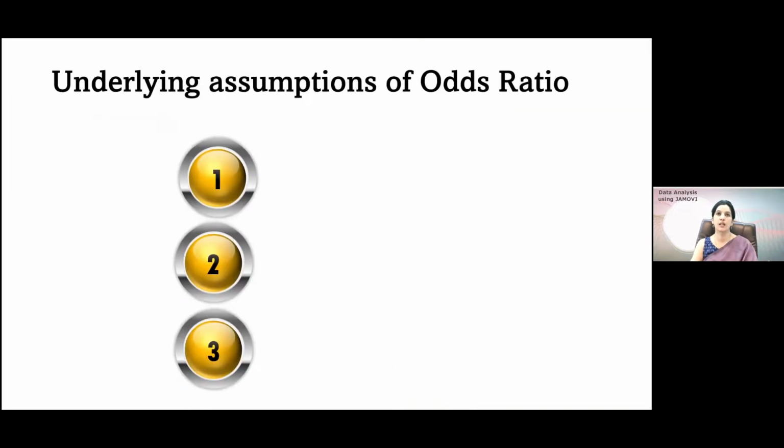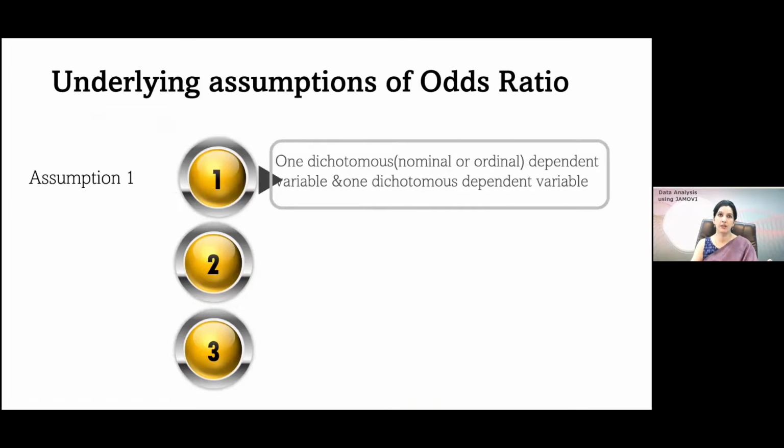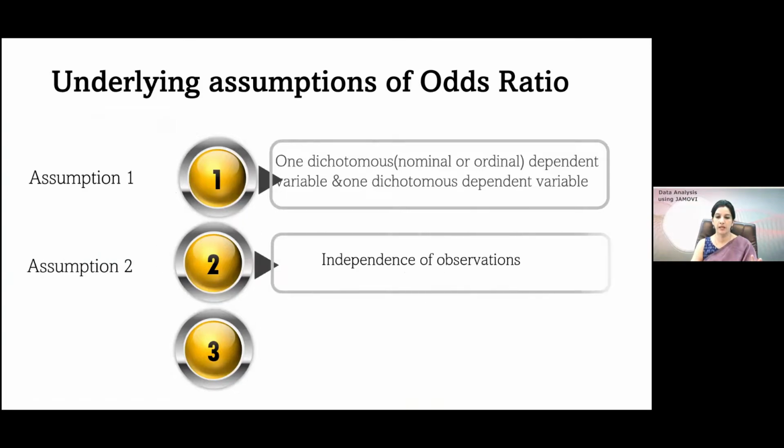Now coming to the odds ratio, it is usually done in a case control study or an analytical cross-sectional study. The underlying assumptions of the odds ratio: there is one dichotomous dependent variable and one dichotomous independent variable. Just forgive us for this mistake, because here you can make one as the independent, and there is an independence of observation.